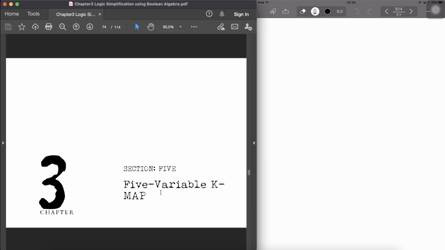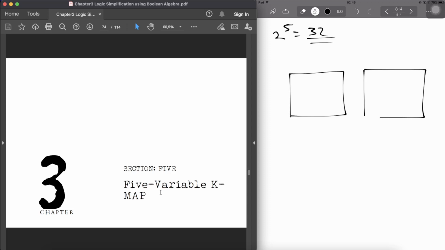Now, for 5-variable K-maps, as we have 5 variables, we need 32 squares because we have 32 possible combinations. So how are we deriving that? We are not having a larger map with 32 squares in it. Rather than that, we are putting two 16-square maps next to each other for 5 variables.